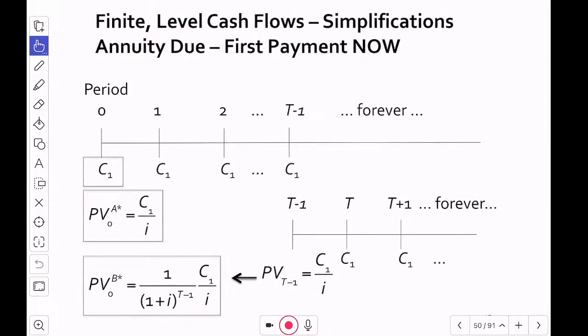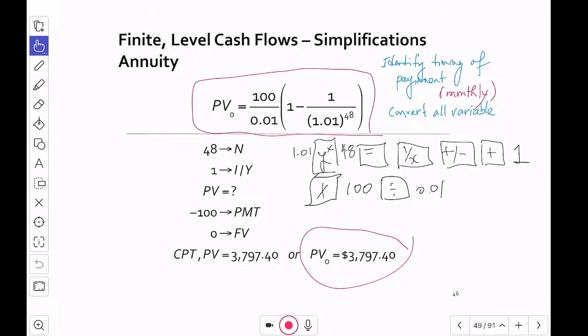So here's another modification of the problem.